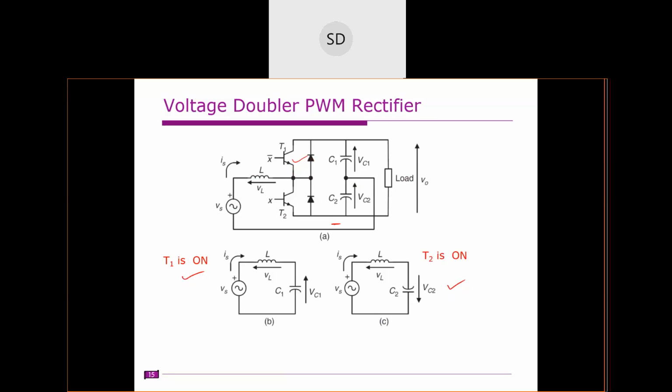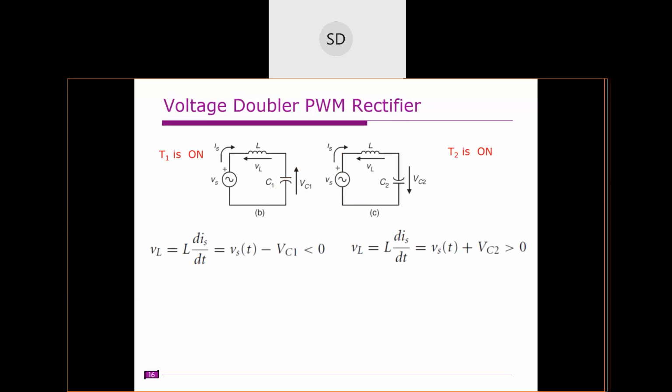When T1 is on, this capacitor charges like this. When T2 is on, the capacitor charges in the opposite direction. And these are the corresponding equations. Vs of t, Vc1, assume this is the first capacitor voltage Vc1, and the second capacitor voltage is Vc2.